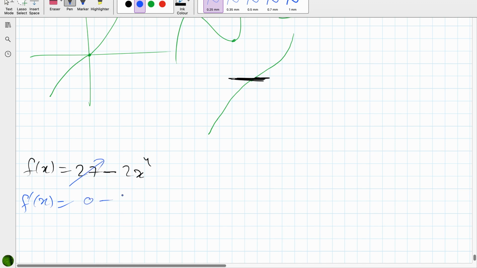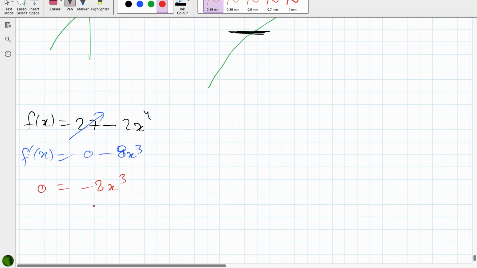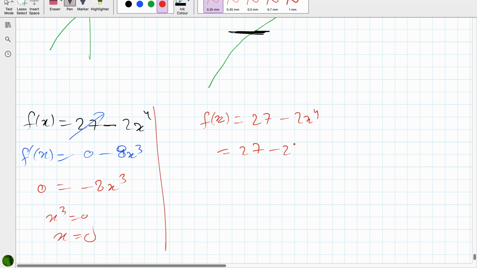The constant goes away, minus 4 times 2 is 8x cube. At the turning point, the gradient is 0, so minus 8x cube equals 0, x cube equals 0, x equals 0. So at x equals 0, f of x equals 27 minus 2 into 0 power 4, which is 27. So we know that the turning point is x equals 0 and y equals 27.